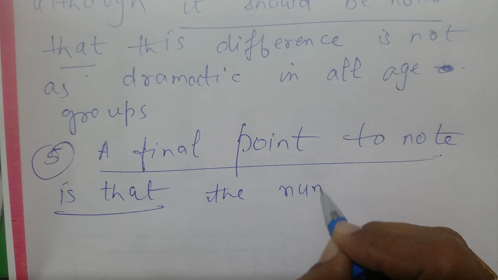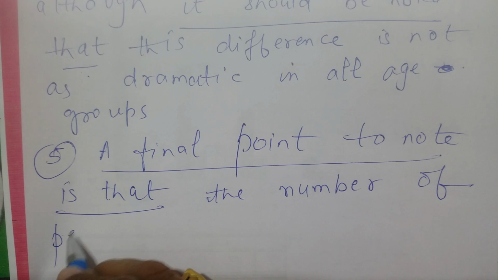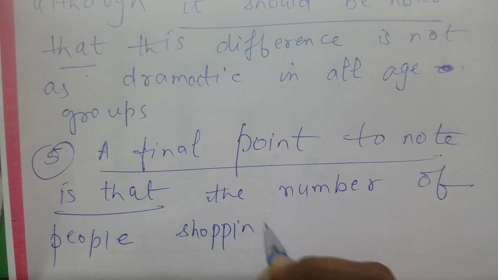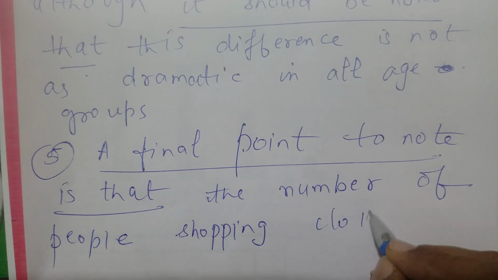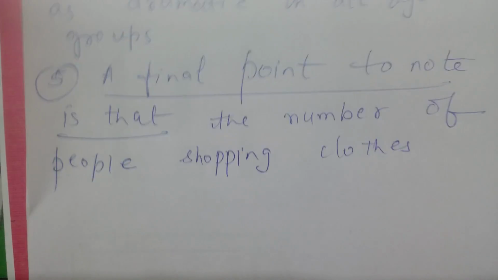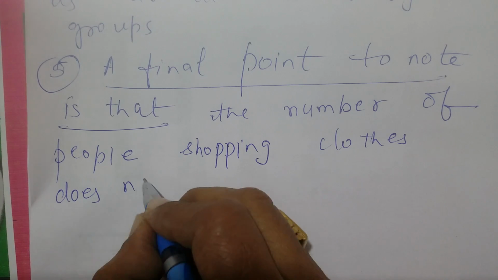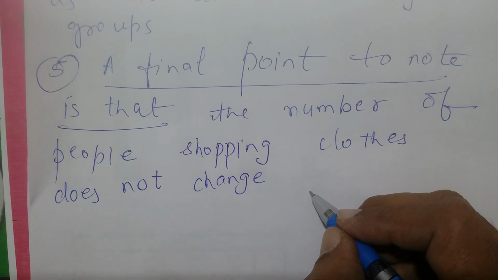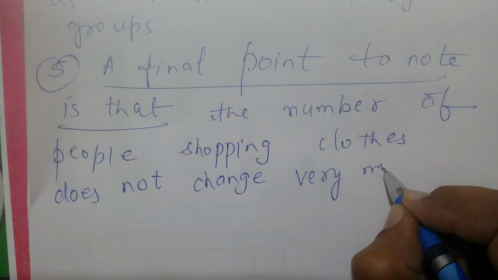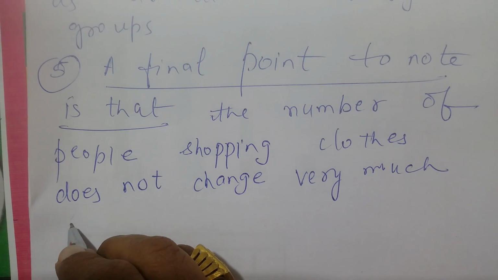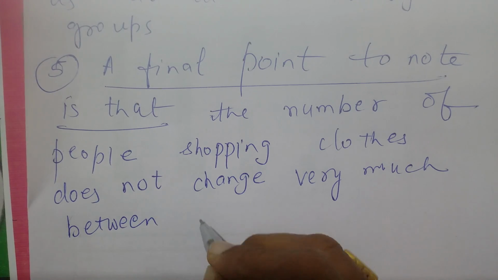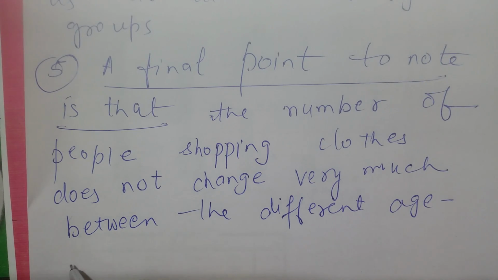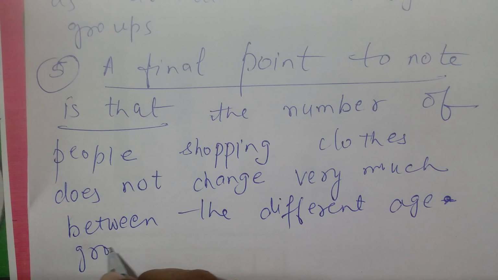The number of people shopping clothes, which tense we have to use, you know better than me, my dear intelligent fellows, does not change very much between the different age, sorry, no hyphen, groups.